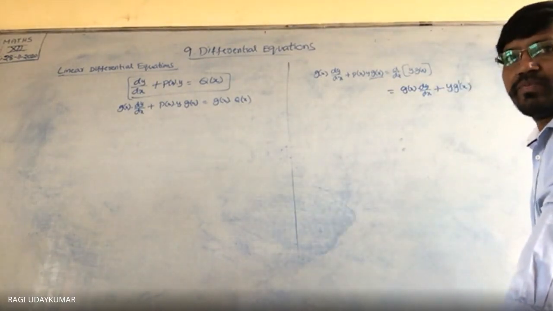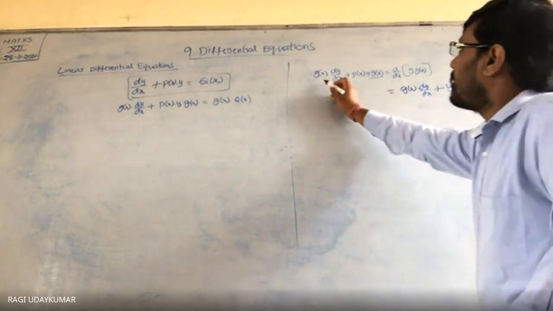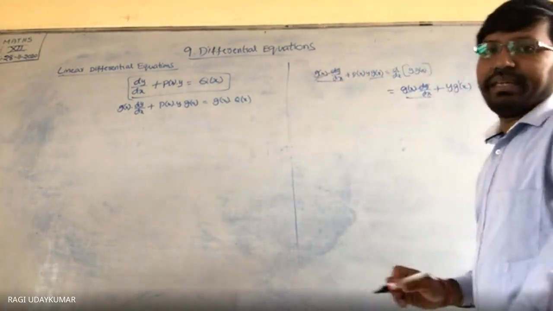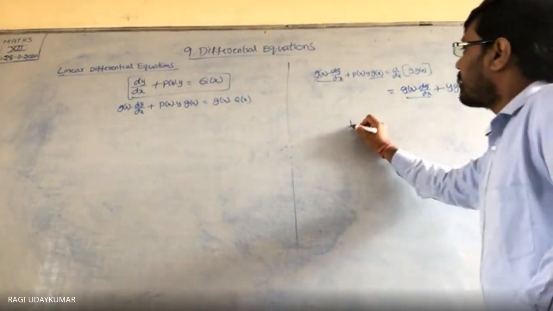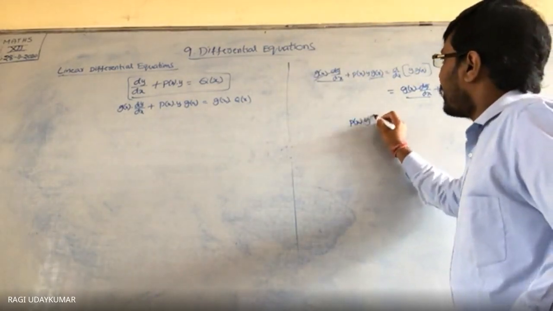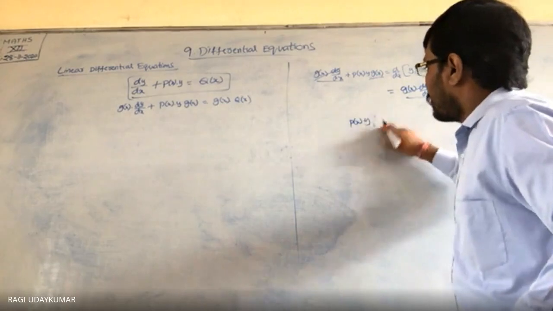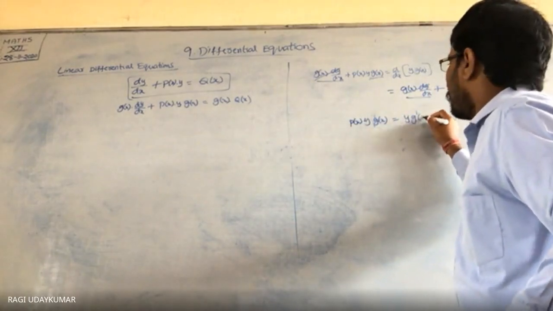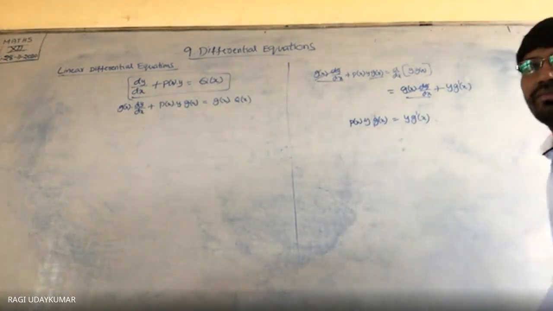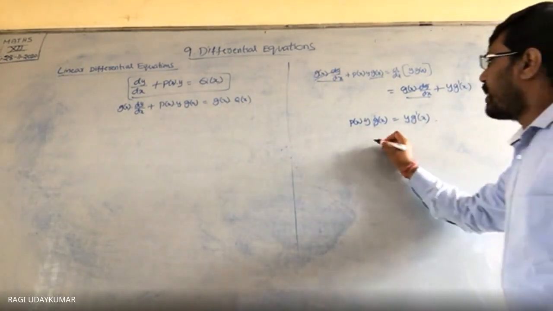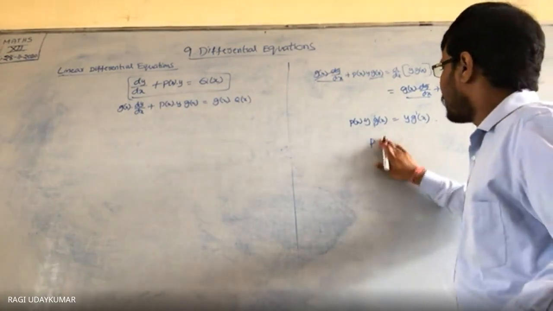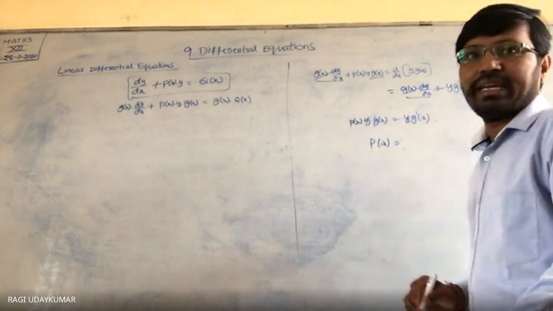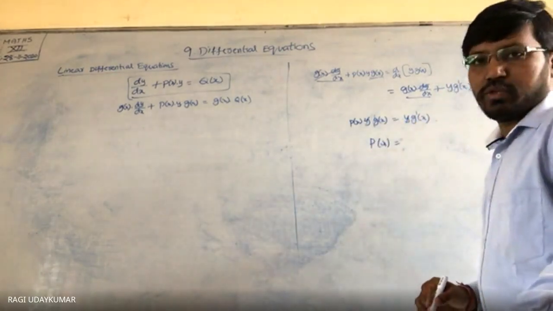Isn't it? Now if you observe, both of these terms are the same, so these two will get cancelled. So what do you get here? p(x) y g(x) = y g'(x). Now from this, p(x) equals, y also will get cancelled. समझ में आया?